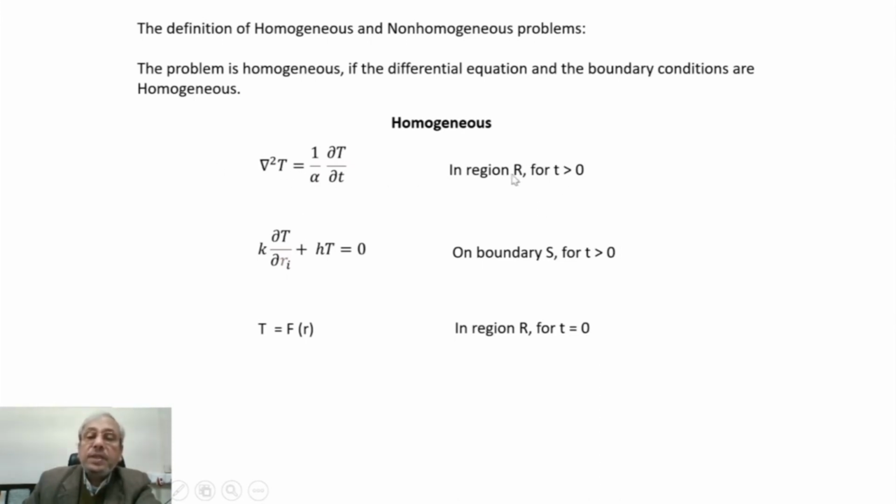So this is in the region R for t greater than 0, this is at the boundary for t greater than 0, and this is in the region R for t equal to 0. We can call all such problems homogeneous problems, where the differential equation and the boundary conditions are homogeneous.